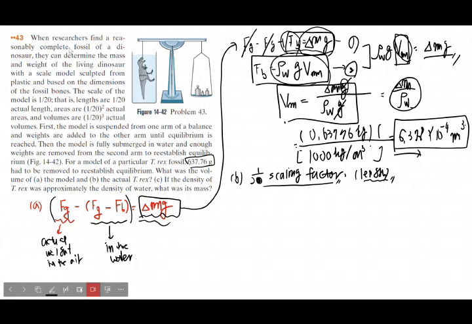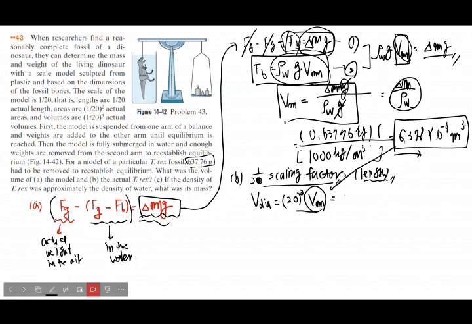So the actual dinosaur's volume is 20 to the power 3, 20 cubed, times the volume of the model. So the volume is 6.38 times 10 to the minus 4 cubic meters, multiplied by 20 to the power 3.